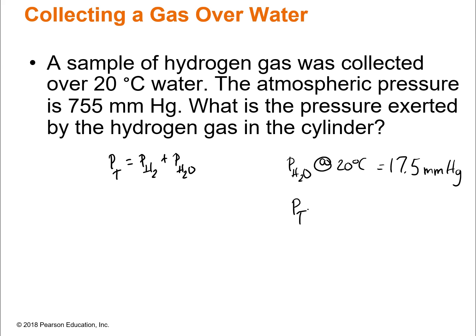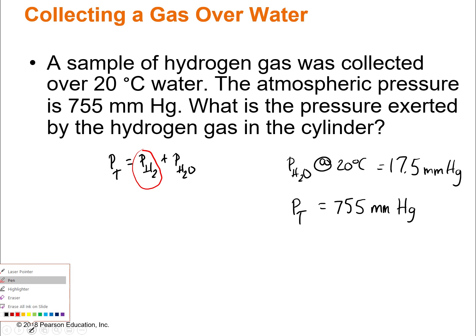The total pressure is going to be equal to the atmospheric pressure, which we're given. So if we rearrange this partial pressures equation to solve for the pressure of the hydrogen gas, you subtract the partial pressure of the water from the total.